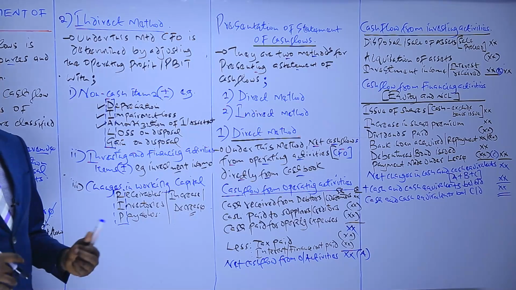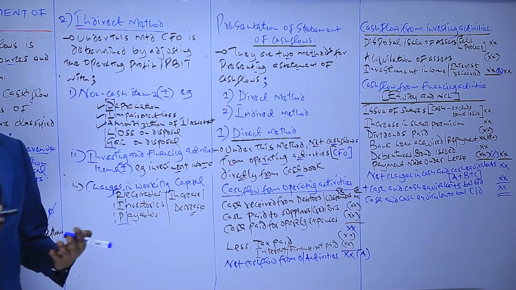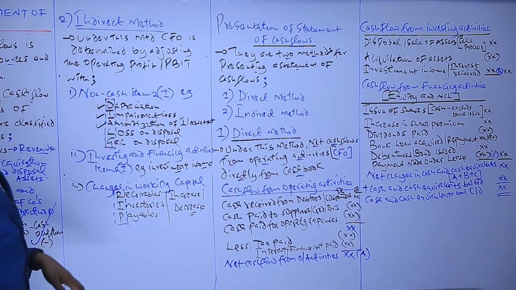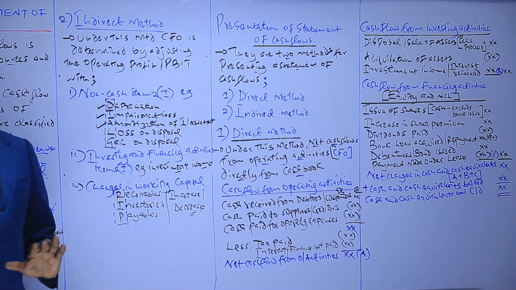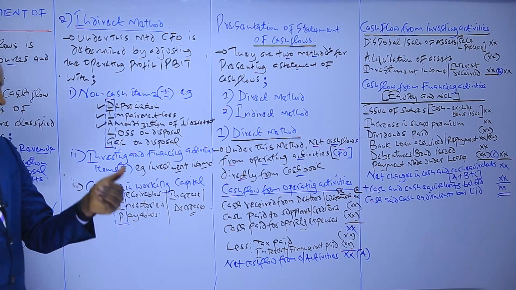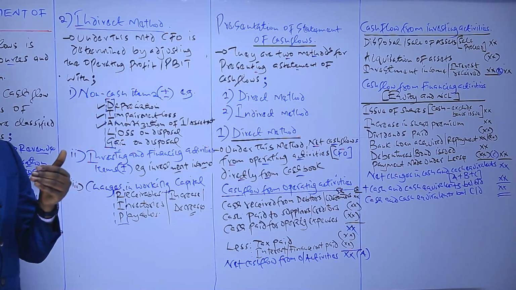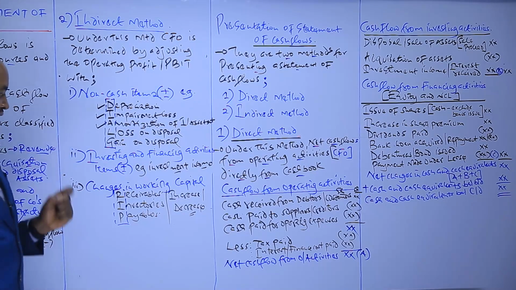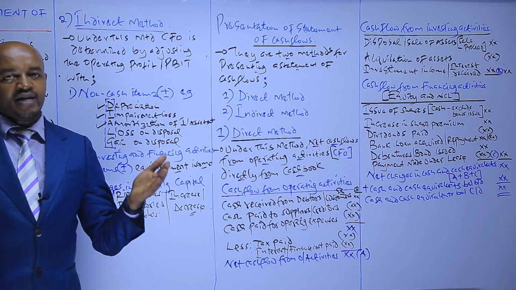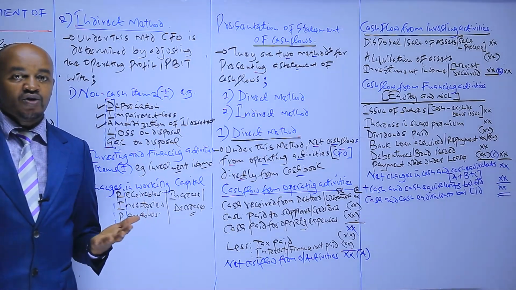Once you determine the increase or the decrease, then you have to determine, is that increase or decrease a cash inflow or cash outflow? For instance, if the inventory increased, the reason why the inventory of the company increases is because more inventory was purchased. So therefore, an increase in the inventory is automatically cash outflow. And then, on the other hand, the inventory may have reduced.